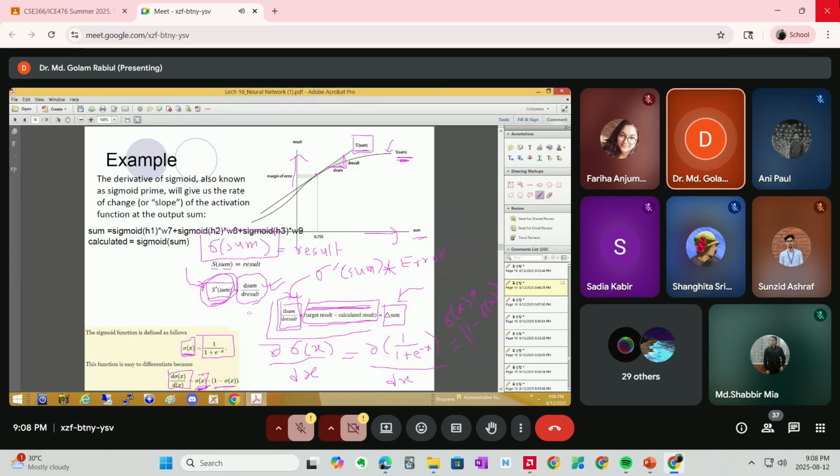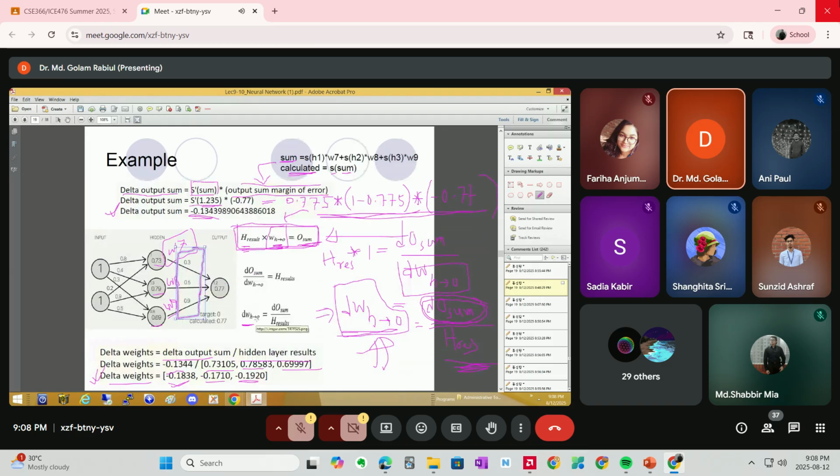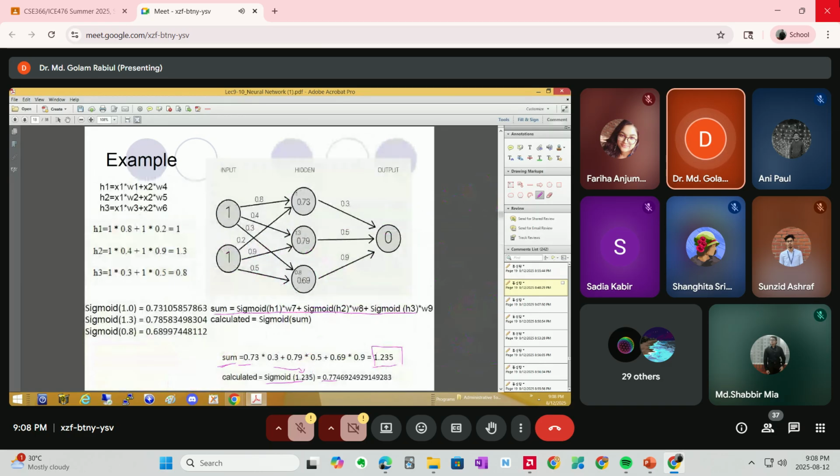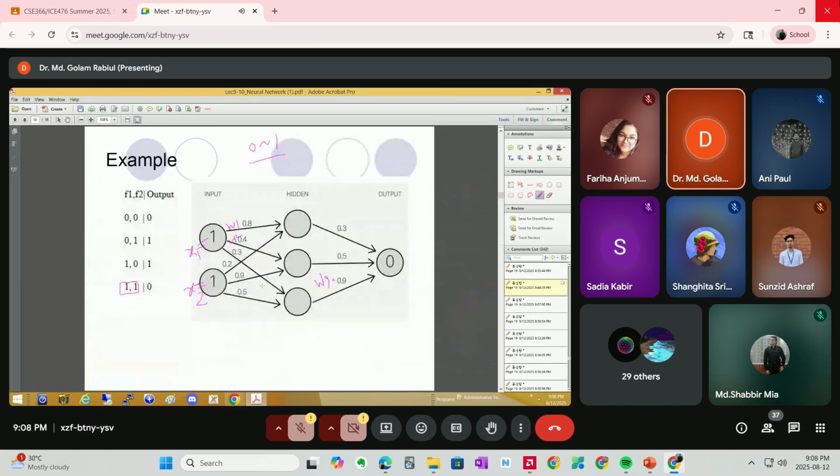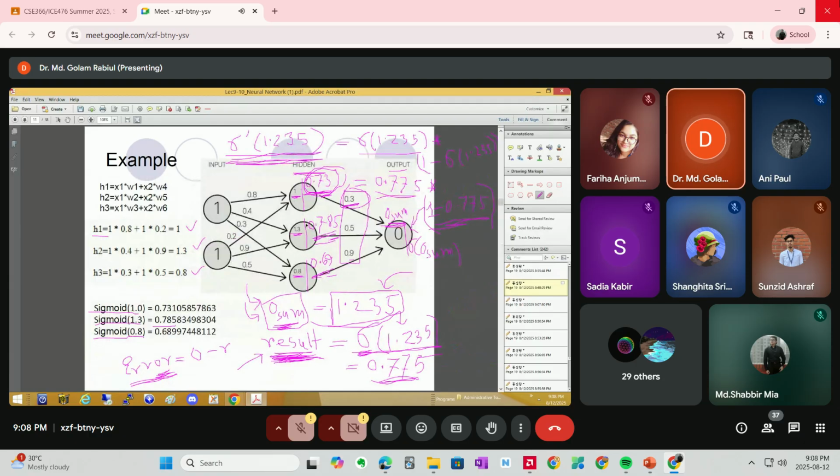But we have also calculated the hidden results utilizing the same principle. These hidden layer results we calculated from the sigmoid of the hidden sum.